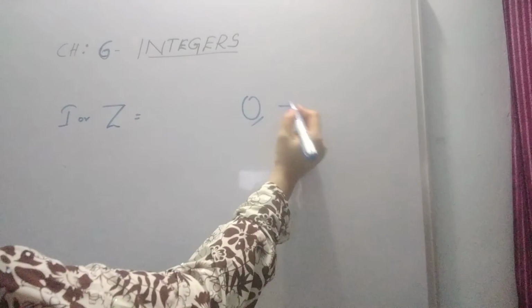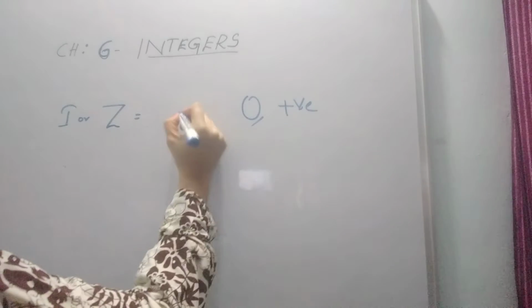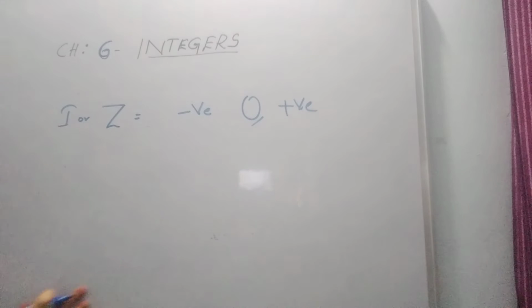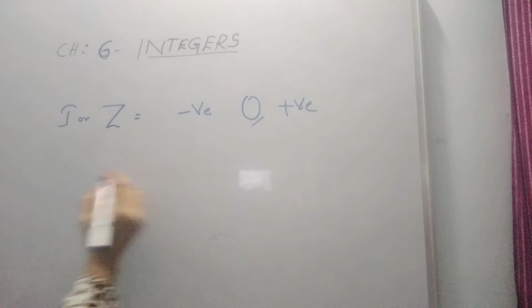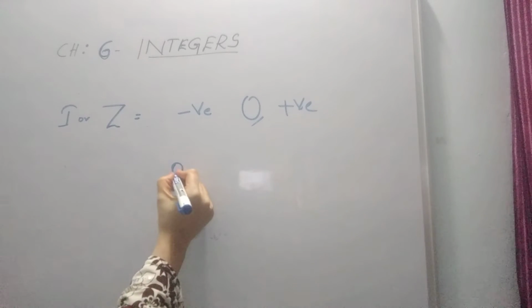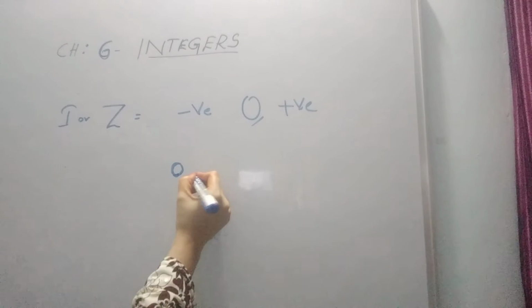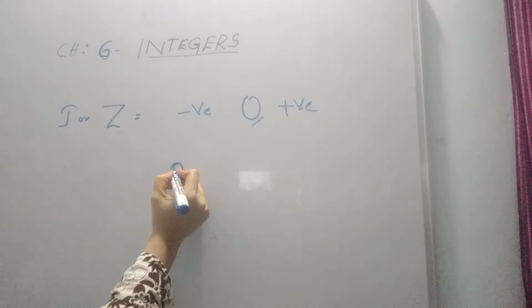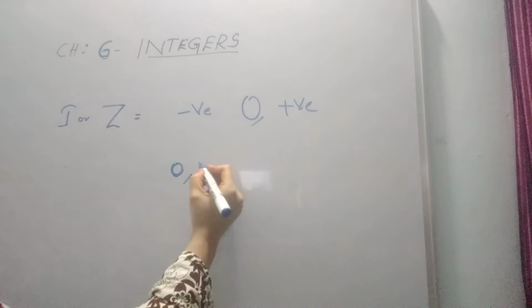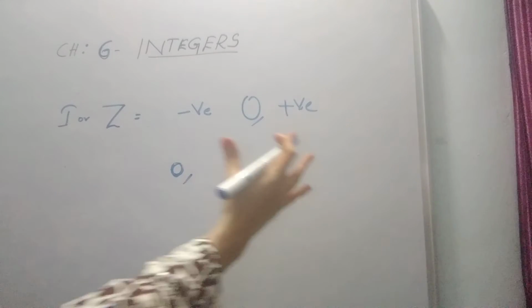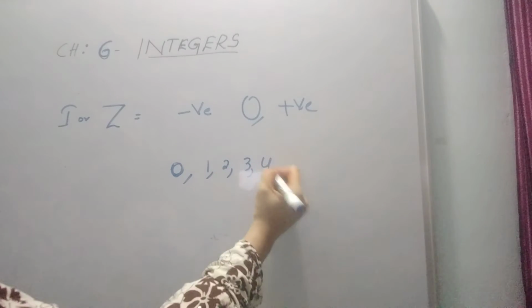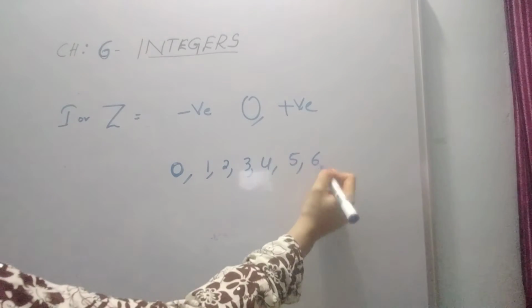How can you write zero, positive and negative numbers? You write 0 between the positive and negative numbers. We write positive numbers on the right side of 0: 1, 2, 3, 4, 5, 6, 7, and so on.